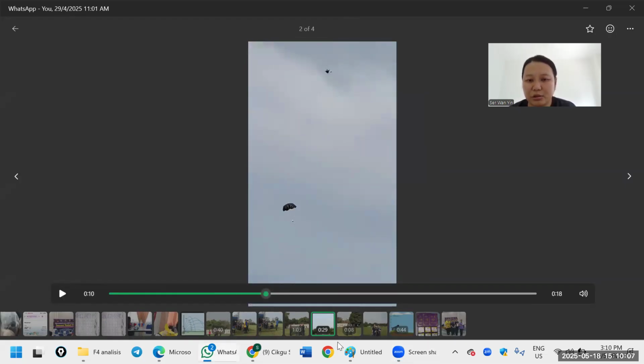Let me share the sound. You can see this is a rocket with no parachute, so you drop. Then this is a parachute with an egg. It's a real egg here.